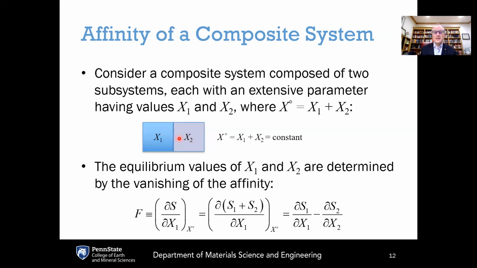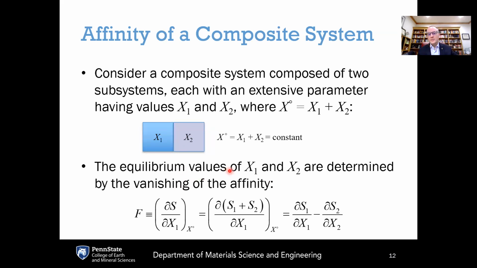And because they're extensive, the x1 plus the x2 gives you the total x of the system. And if this quantity is basically conserved across the total system, then x1 plus x2 is equal to a constant, which means that if x1 increases, then x2 decreases by the same amount, or vice versa.